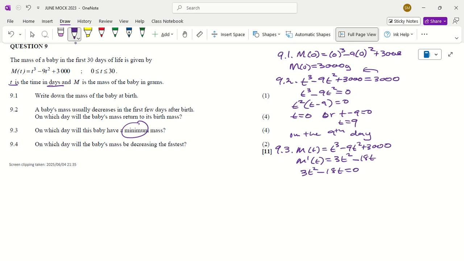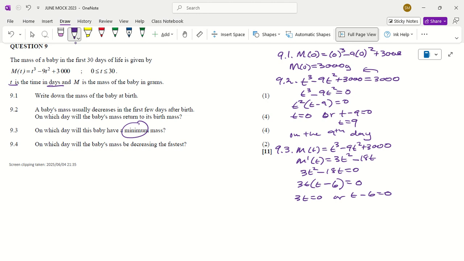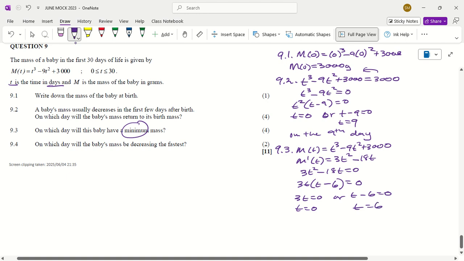Then we can take out a common factor of 3t. So this is 3t common factor, and then this is t minus 6 equal to 0. Yeah, there we have it. Then now we know that 3t is 0, or t minus 6 is equal to 0. Therefore, t is 0, or t is equal to 6.